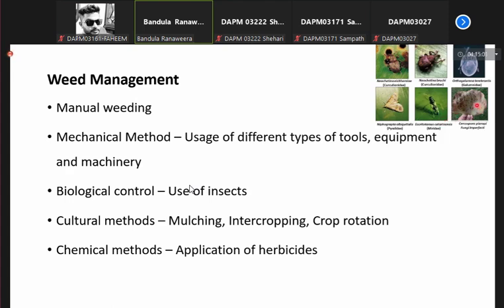Now, if we use this type of a pathogen, spores of the pathogen, then one major thing is we have to have the assurance that this pathogen is not causing any damage to our crop plants or other beneficial plants.